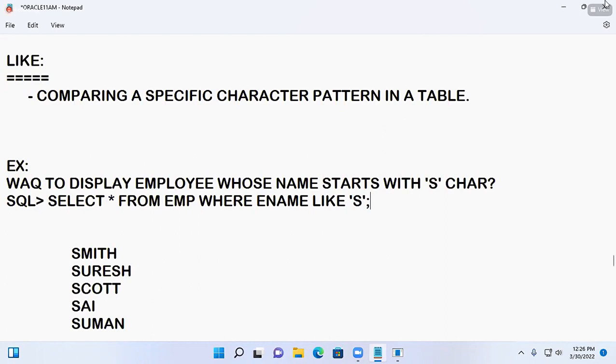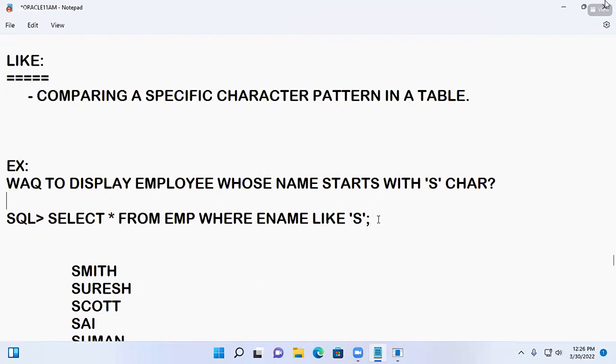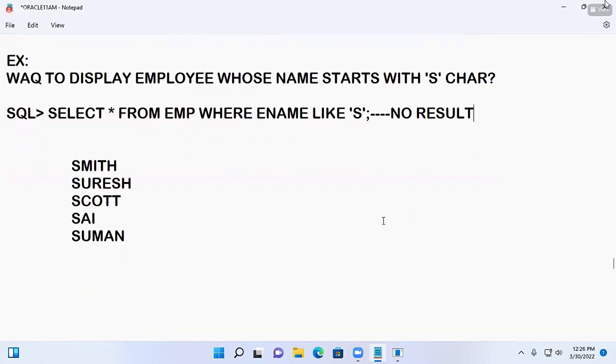But when I write my query like this, it shows no result. Why? Any expectations? Why does it not return a result? Because the point is that I said starts with S, but in your names, the starting character is S, fine, but is only the S character there?